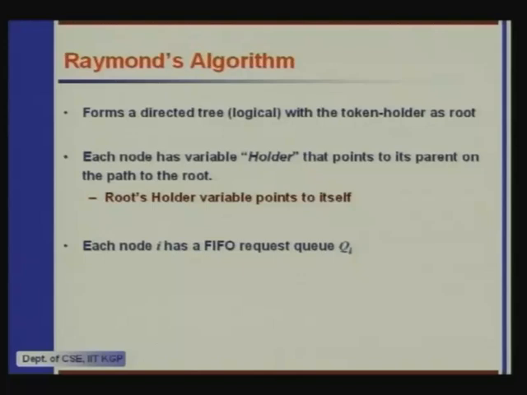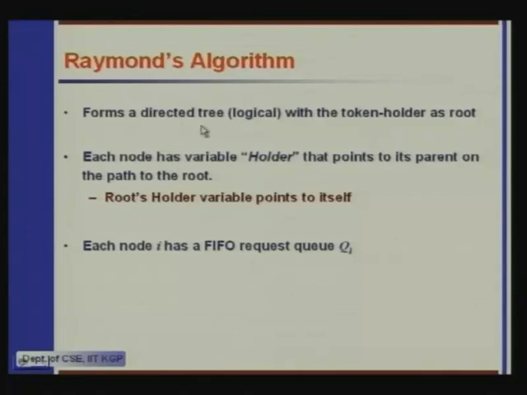Now, one standard thing that we always use in order to restrict the amount of message traffic is to use trees. Remember that we studied an algorithm some time back where, instead of broadcasting messages, things were sent along the edges of a tree.